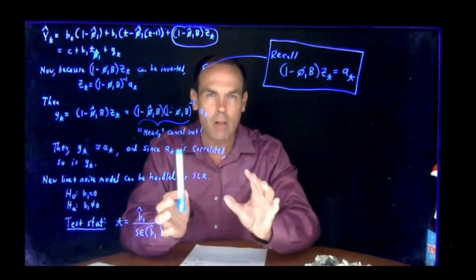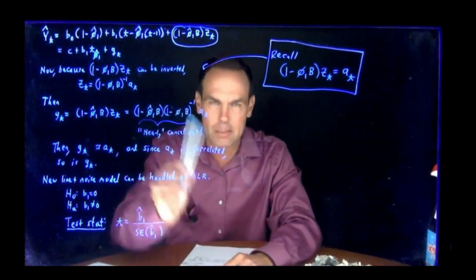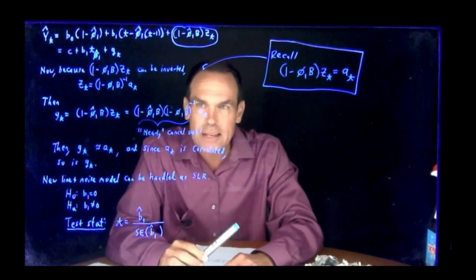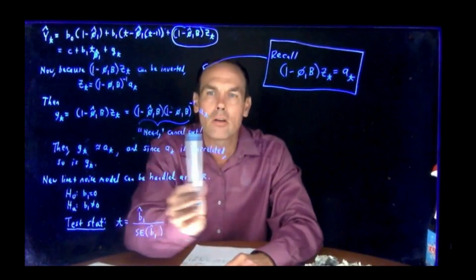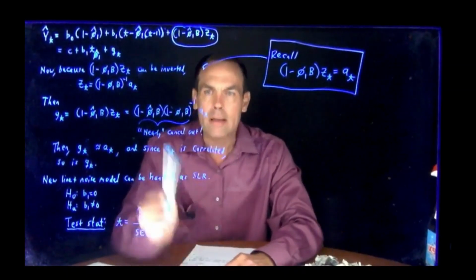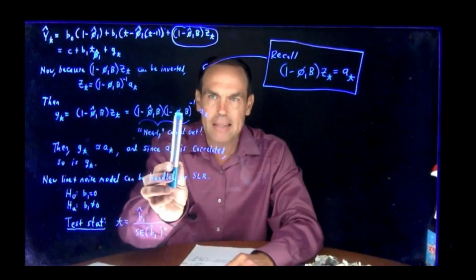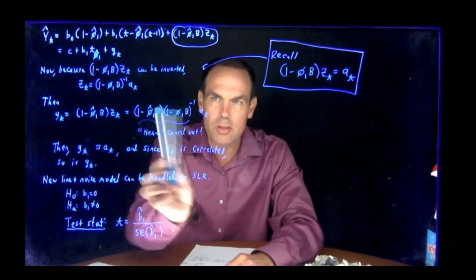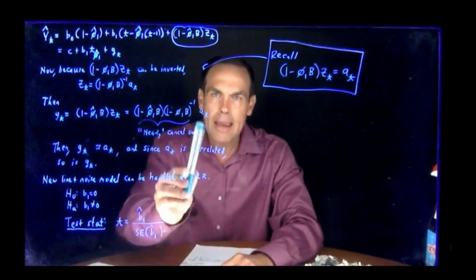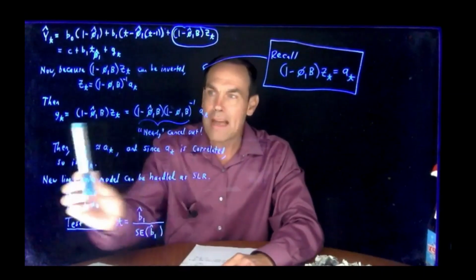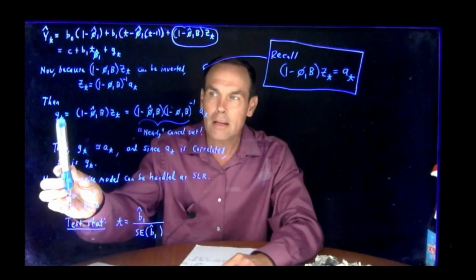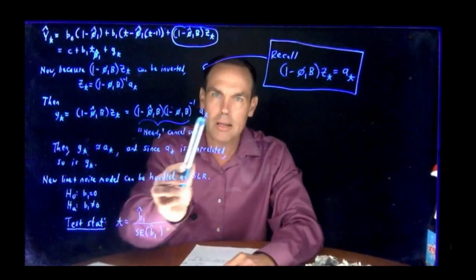But they should be close, because phi1 hat is an estimate of phi1. So that's what we mean when we say they nearly cancel out. They nearly cancel out because phi1 hat is an estimate of phi1. So those nearly cancel out to just be 1, leaving us with at. Well, that says then that gt is approximately at.